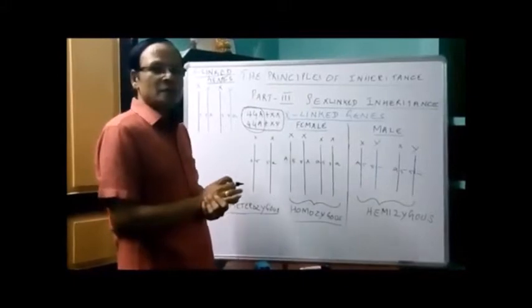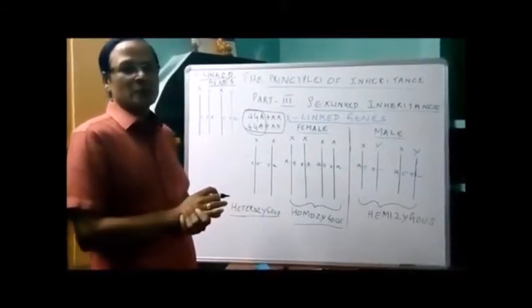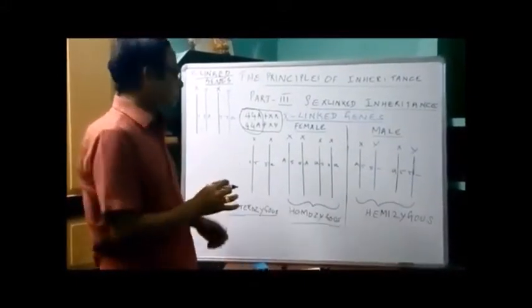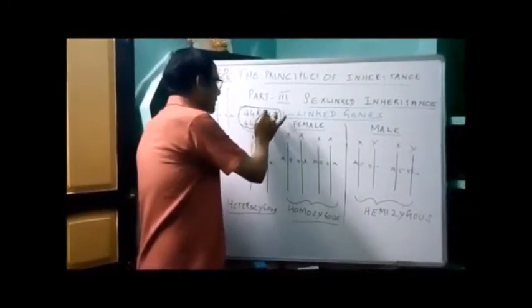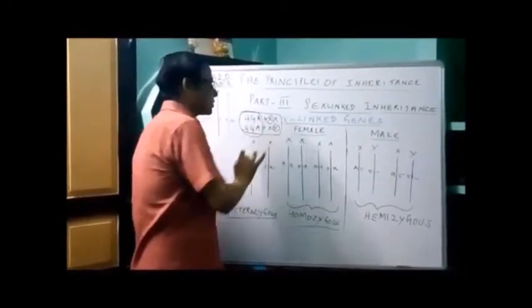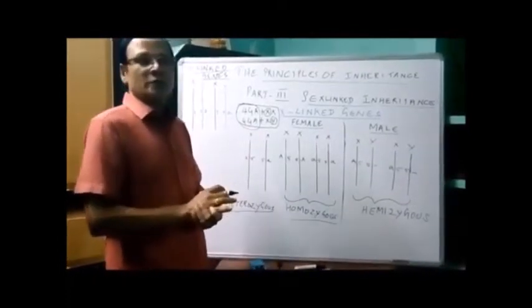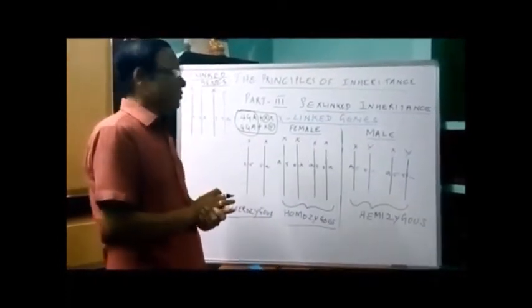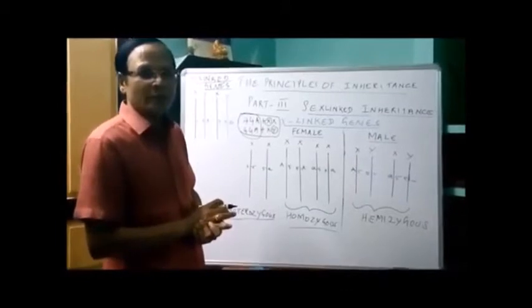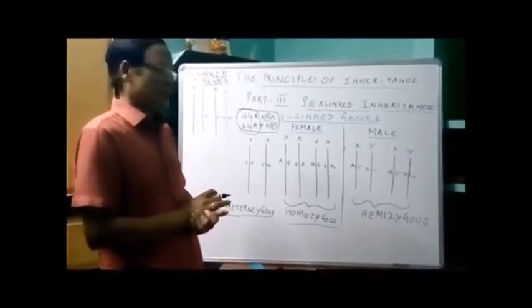But some of the body characters are controlled by genes located either in the X chromosome or in the Y chromosome. And these genes, which are located in the sex chromosomes controlling the body characters, are called sex-linked genes.